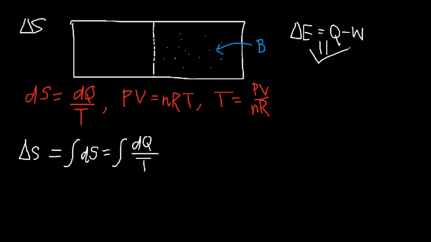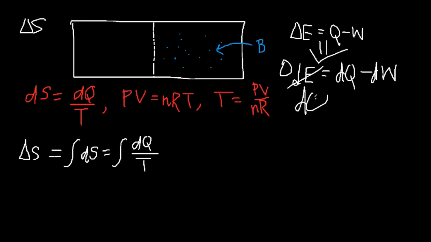So a differential change in energy is equal to differential heat minus differential work. But we know this is an adiabatic expansion, so this is just going to equal 0. Therefore, any change in our heat is associated with work done by our system, equivalently. So we can write this as an integral of dW over T.